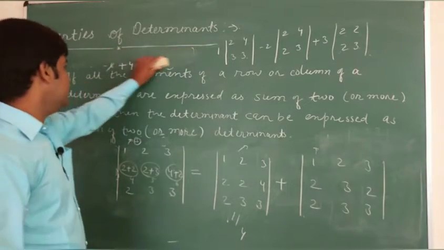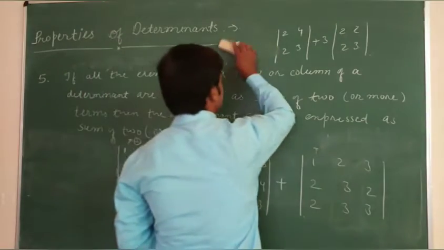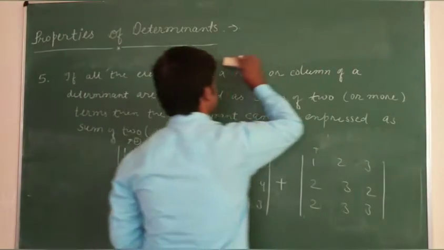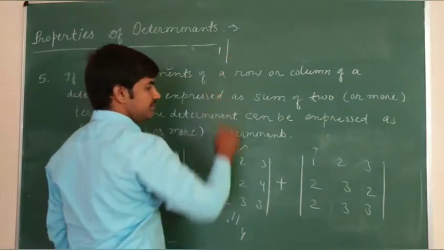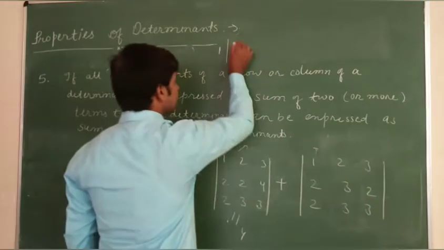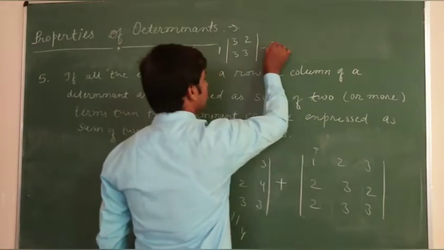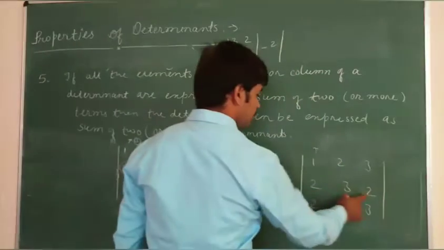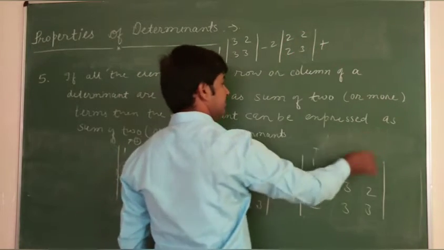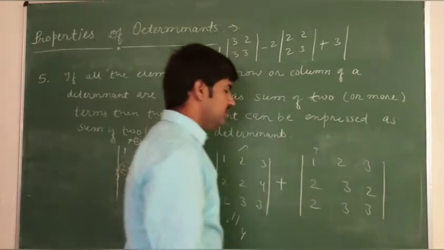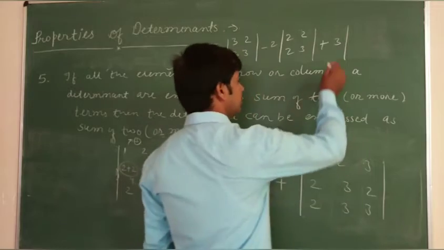Now we will be finding the value of this particular determinant. Let us get, students, first of all 1 times the determinant 3, 2, 3, 3, and then minus 2 times the determinant 2, 2, 2, 3, and then plus 3 times the determinant, leaving this, 2, 3, 2, 3.